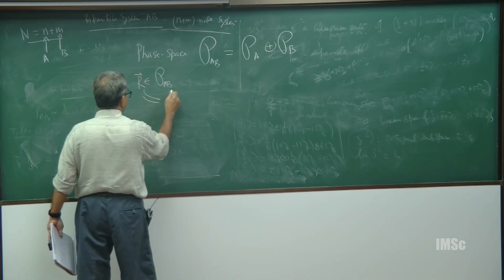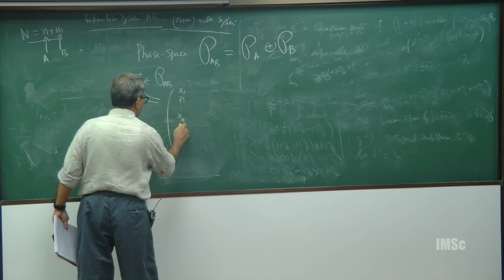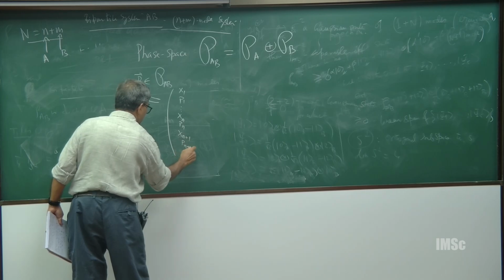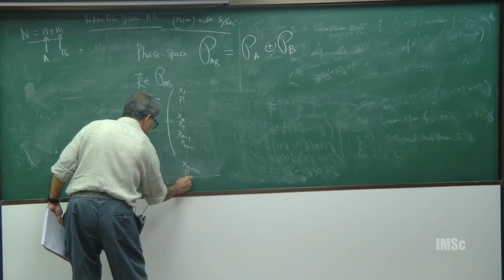So, this is basically x 1 p 1 up to x n p n, then x n plus 1 p n plus 1 up to x n plus m p n plus m.